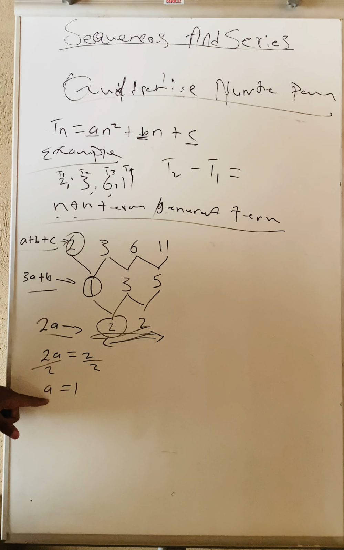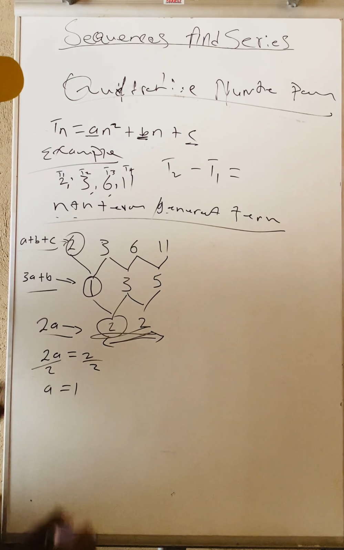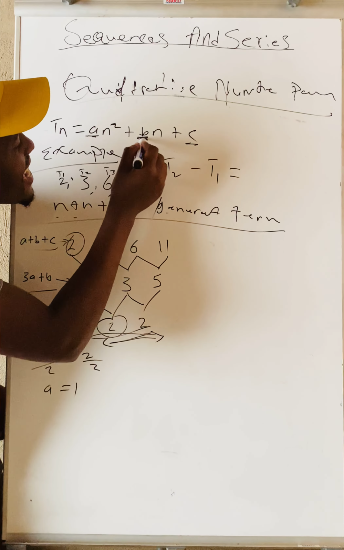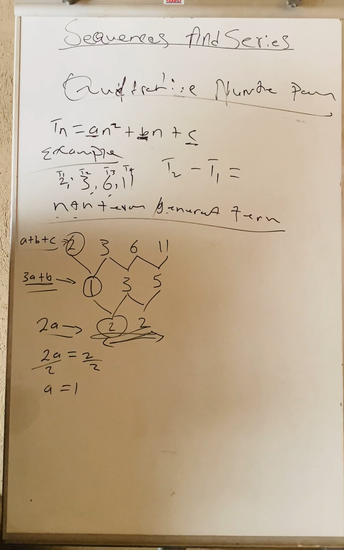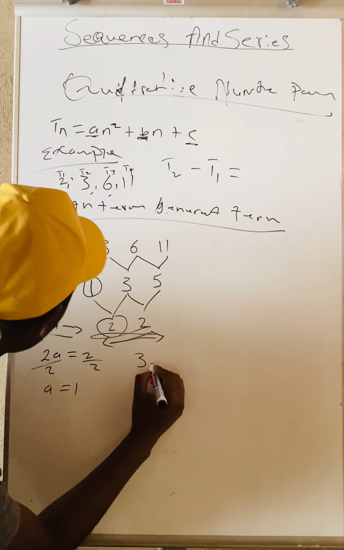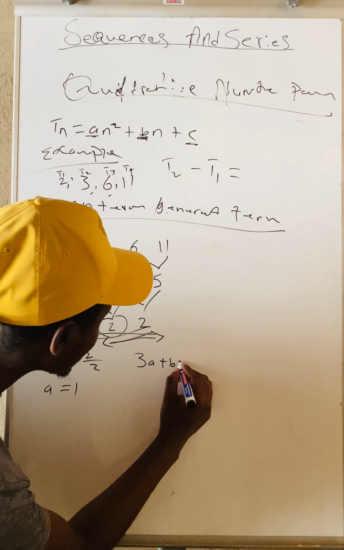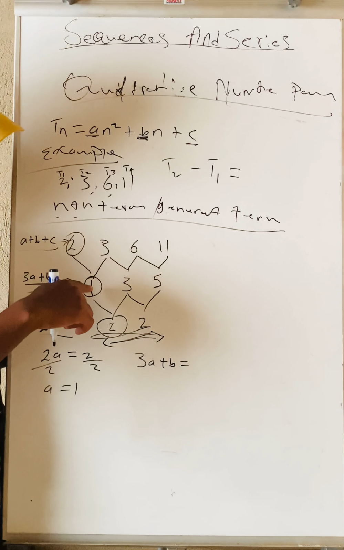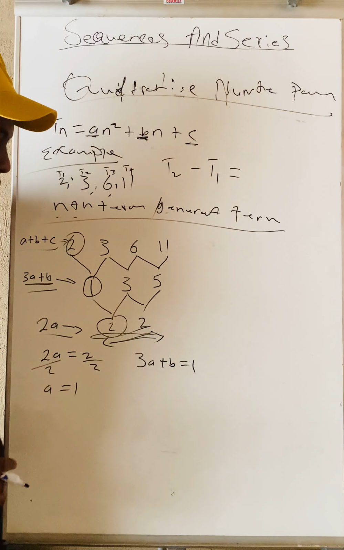Now we have A and we don't have B. We can determine B by using this formula: 3A plus B is equal to the first term of the first difference, which is 1.